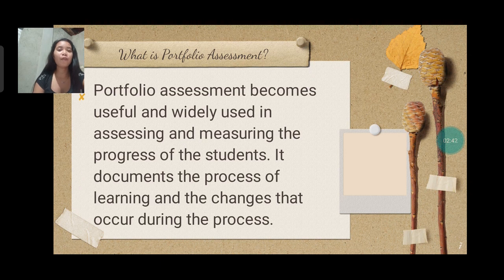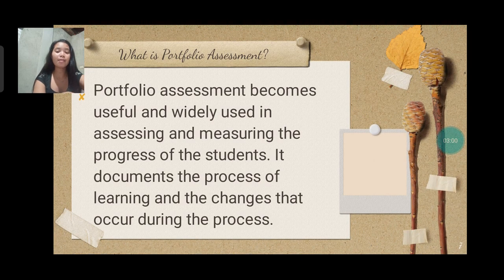So what is a portfolio assessment? Portfolio assessment becomes useful and widely used in assessing and measuring the progress of the students. It documents the process of learning and the changes that occurred during the process.